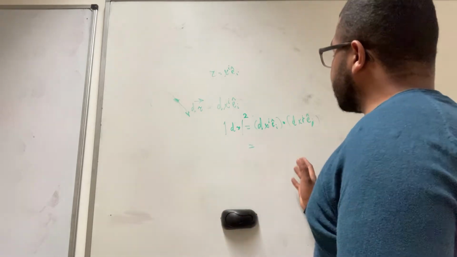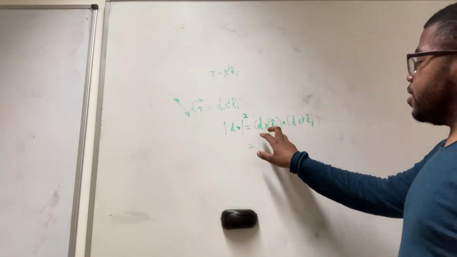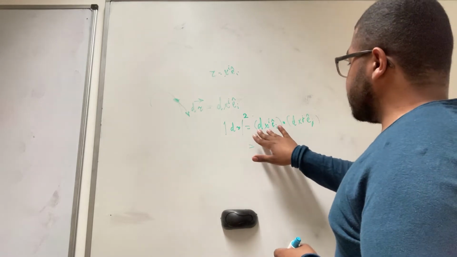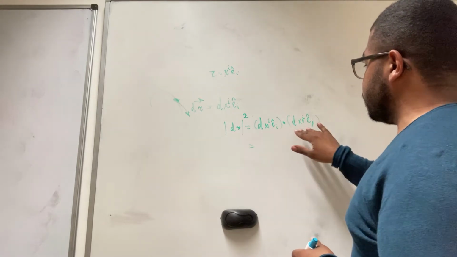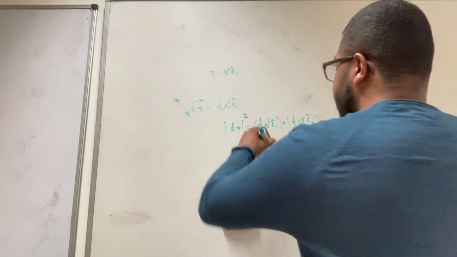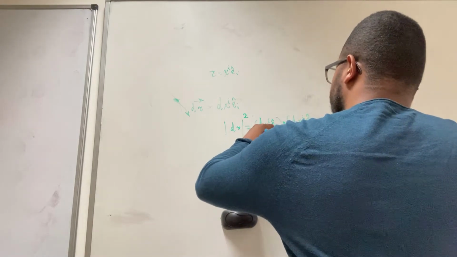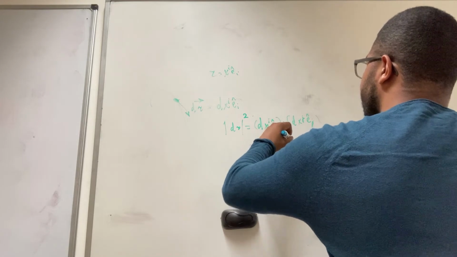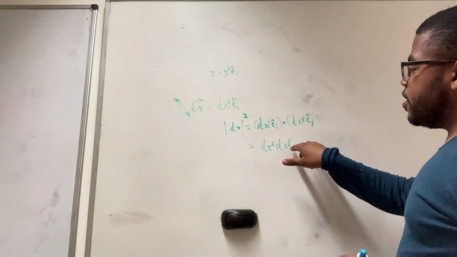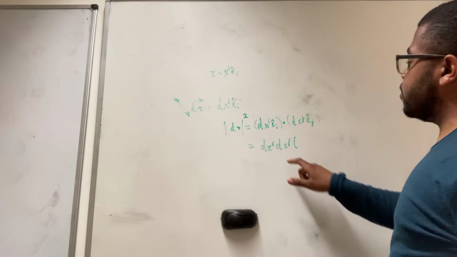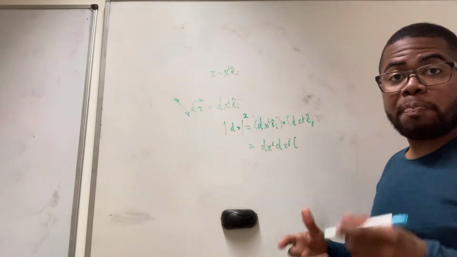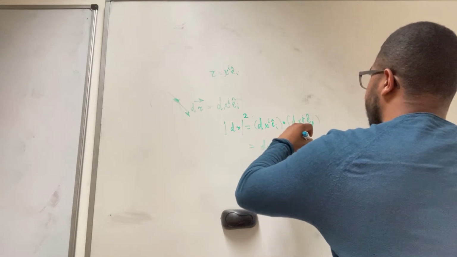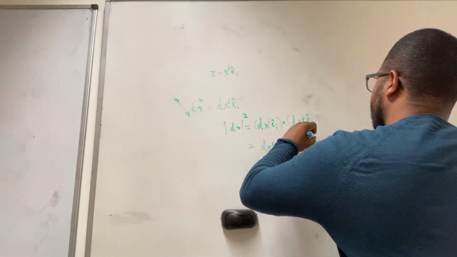In terms of index contraction, it would be the components of these two vectors: dx^i multiplied by dx^j, and then the multiple of this times the dot product of their respective basis vectors. So it will be e_i hat dot e_j hat.